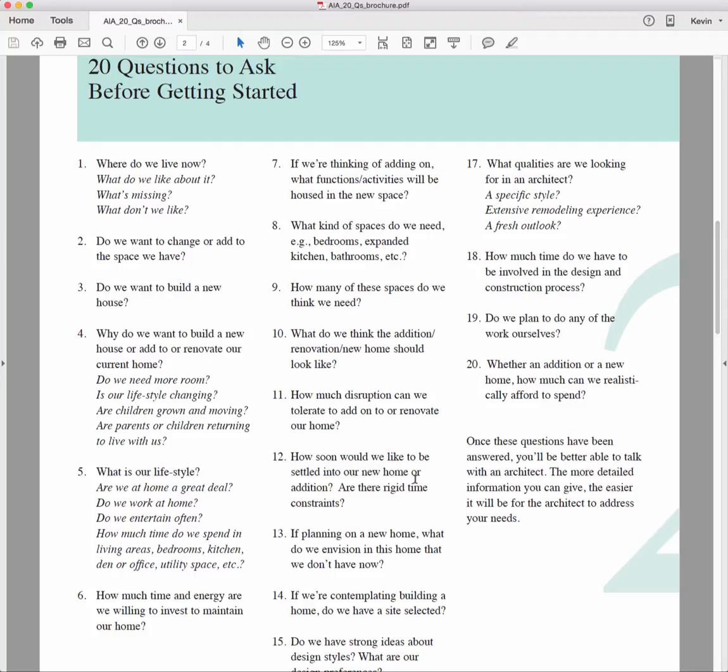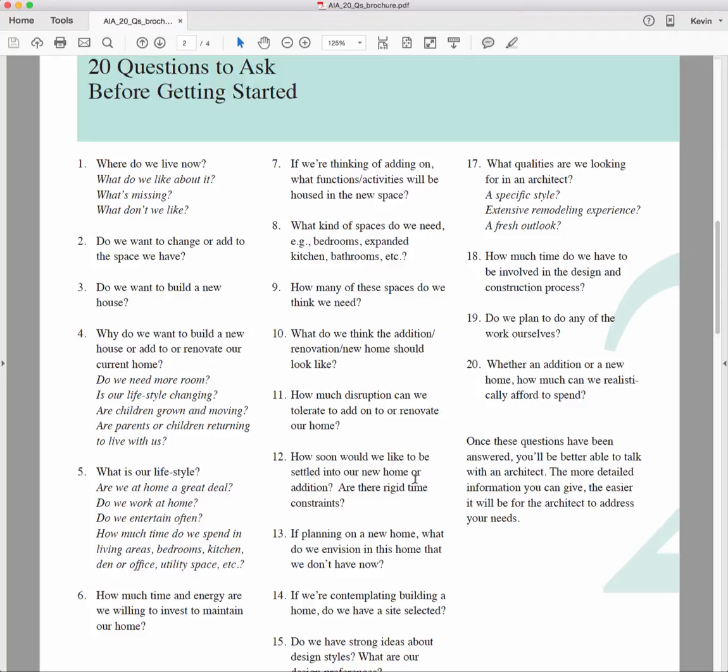But let's say we get over that hurdle for the home or the information system. And now these kinds of questions make a lot of sense. And here's some more. What is our lifestyle? Are we at home a great deal? Do we work at home? Do we entertain often?